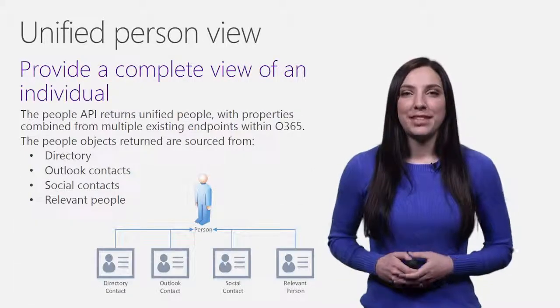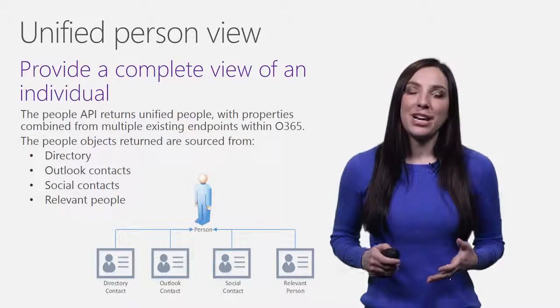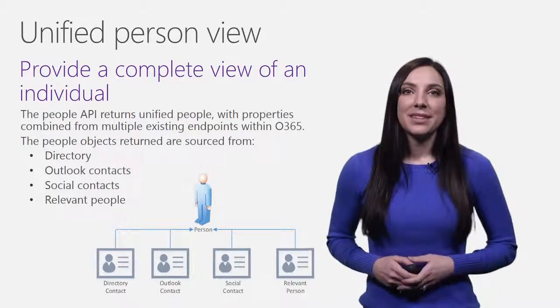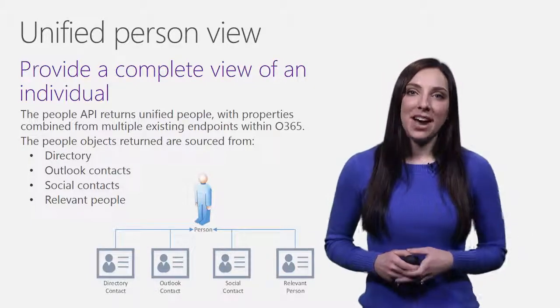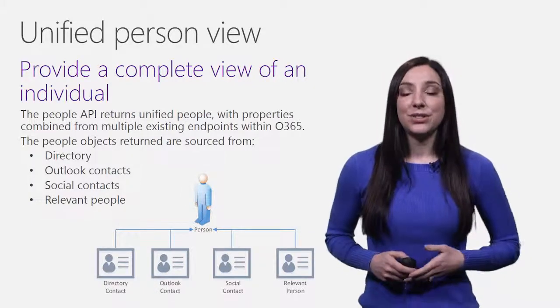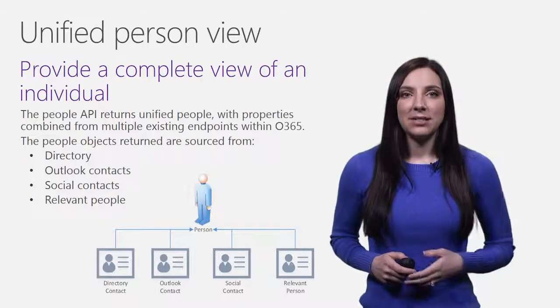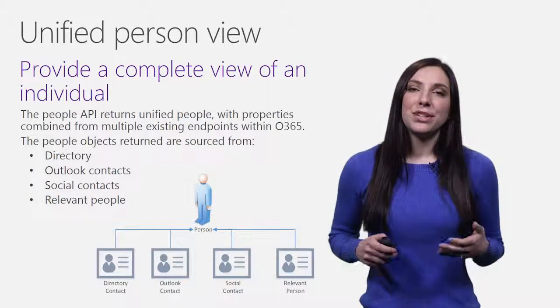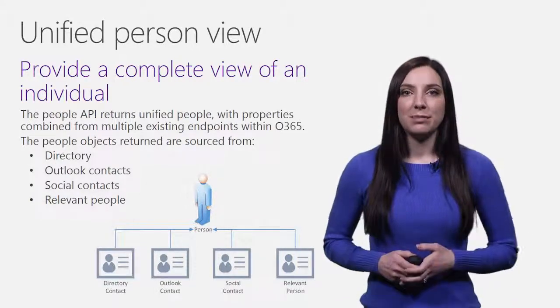The second main objective of the People API is to provide a unified view of a person which is comprised from multiple sources of data. Today, there are multiple representations of people within Office 365. These include the user's directory, Outlook contacts, social contacts from connected accounts, and relevant people from the user's communication patterns, collaboration history, and business relationships.